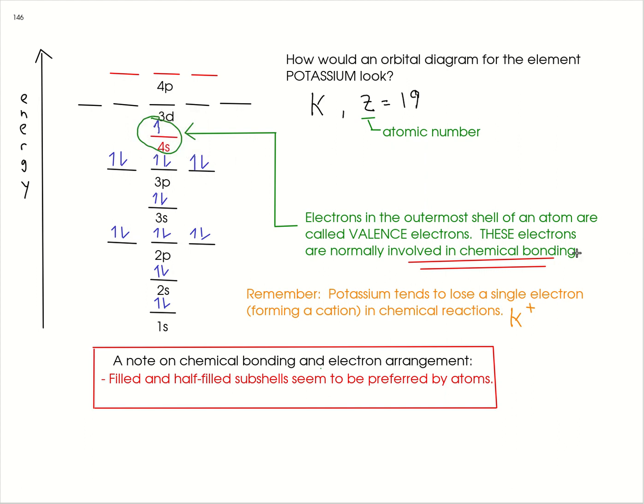And that leads to an important point. We said before that chemistry was all about the electrons. Well, for the most part, chemistry is all about the electrons, but it's about the electrons that are furthest from the nucleus in the atom. We have a special name for those electrons. The ones on the outermost shell of an atom are called valence electrons.